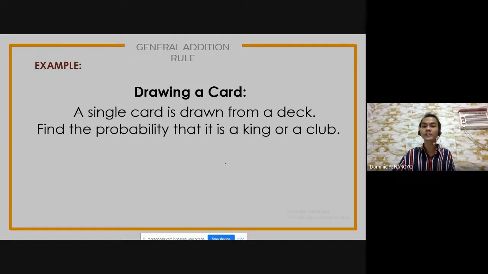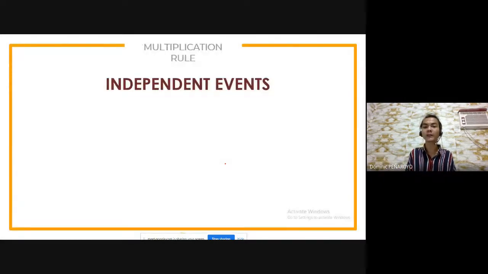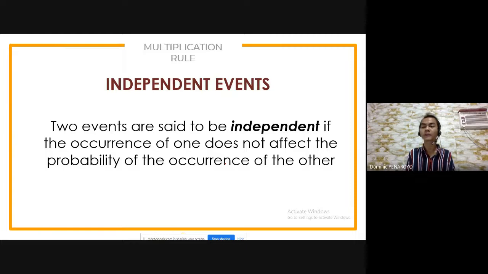Okay, next we have here the independent events. So we will now enter the multiplication rule. For the multiplication rule, we have here the independent events. So when we say independent events, two events are said to be independent if the occurrence of one does not affect the probability of the occurrence of the other.